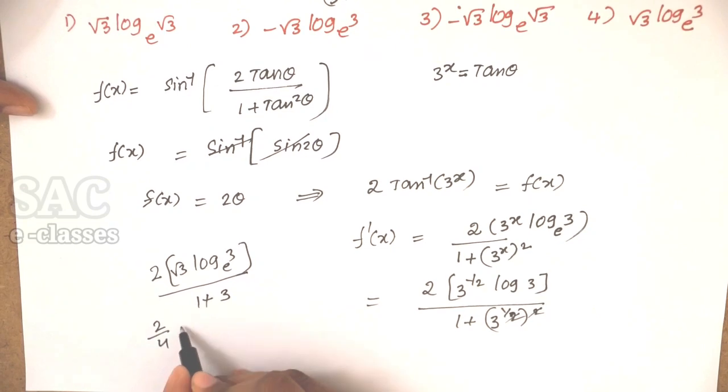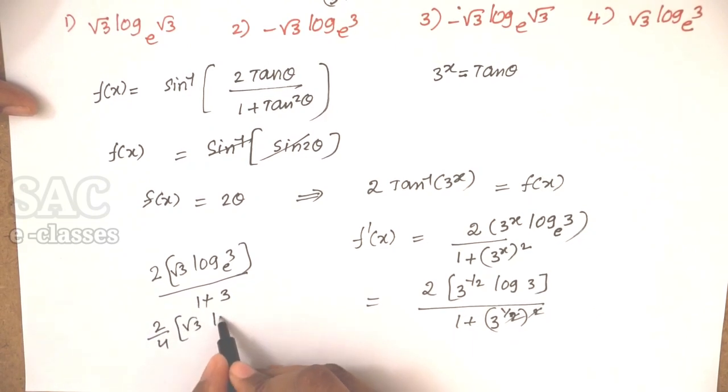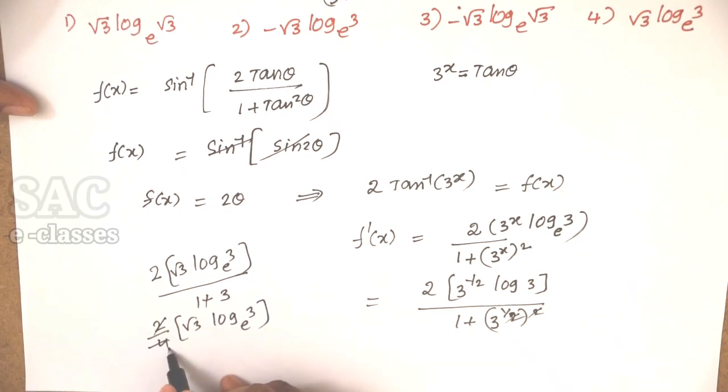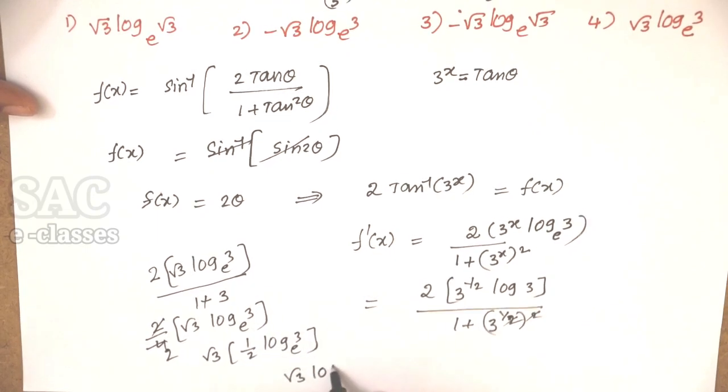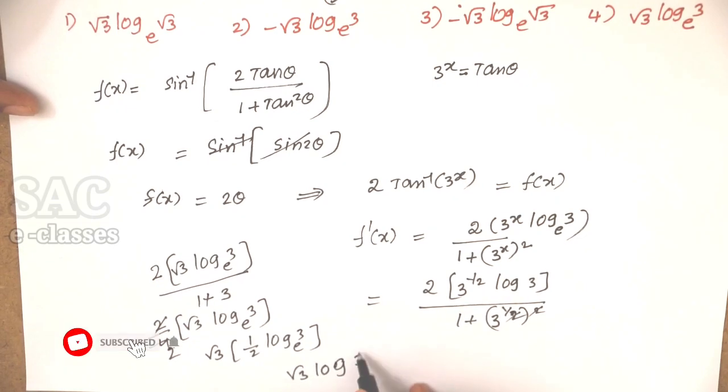So 2 by 4 into root 3 into log 3 to the base e, times 1 by 2. So root 3 into 1 by 2 into log 3 to the base e, which is root 3 into log of 3 power 1 by 2.